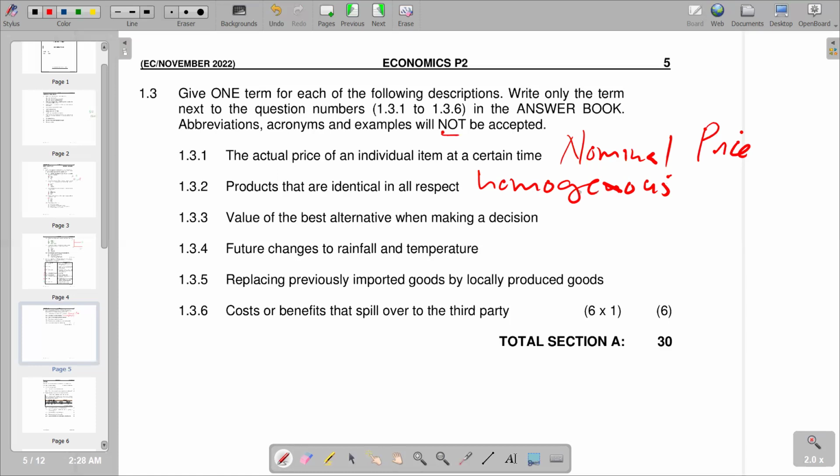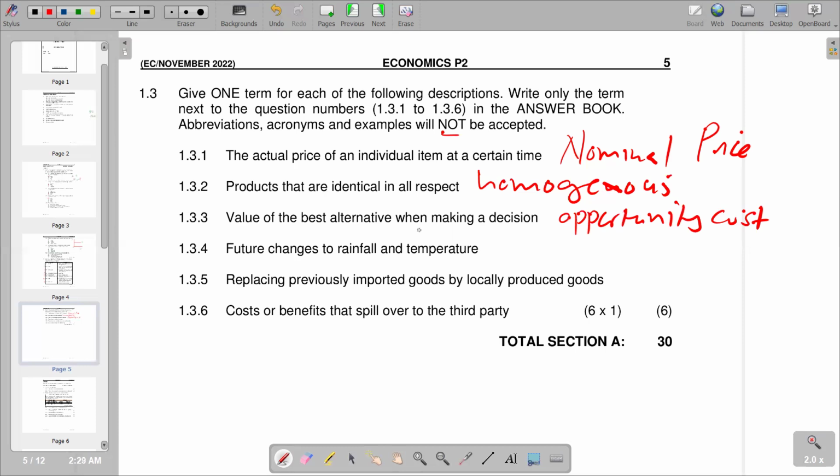Then we have the value of the best alternative when making a decision. We know that this is opportunity cost, which is the cost of the best alternative foregone. So we call it opportunity cost.